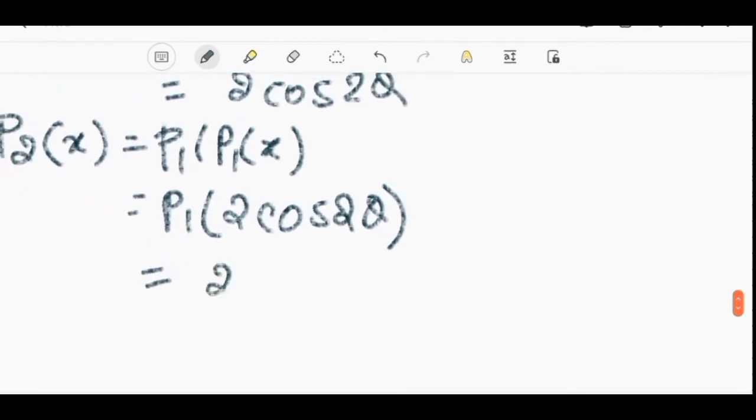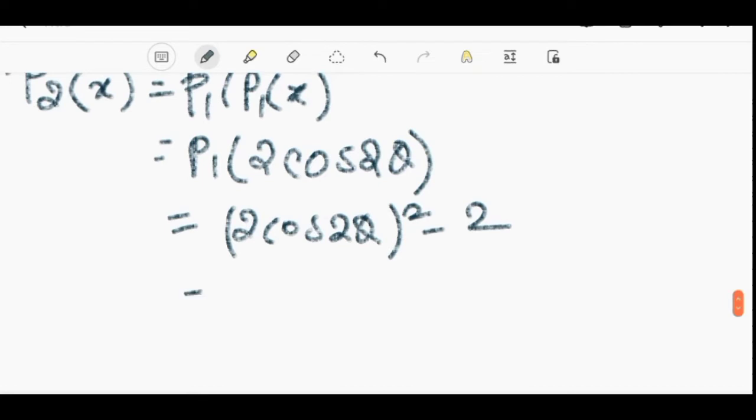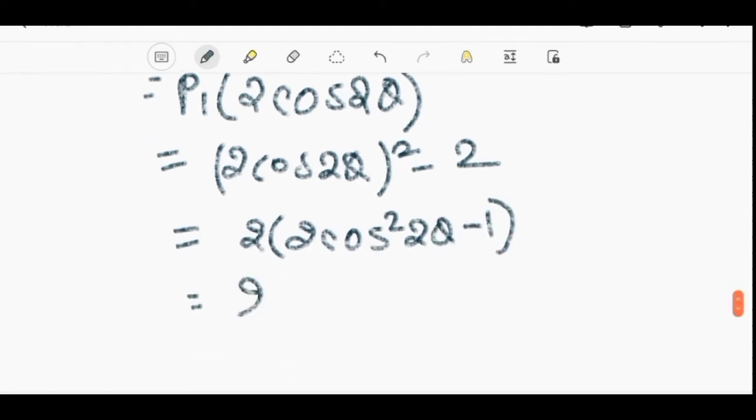So (2 cos 2 theta) whole squared minus 2, and after solving this we'll obtain 2 multiplied by 2 cos squared 2 theta minus 1, and this is our 2 multiplied by cos 4 theta.